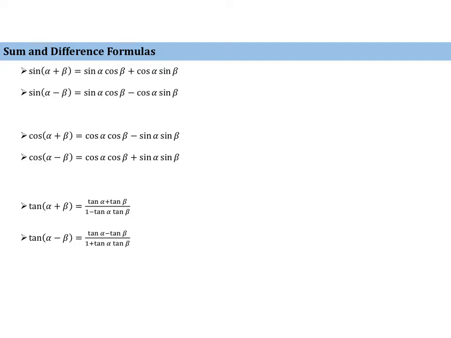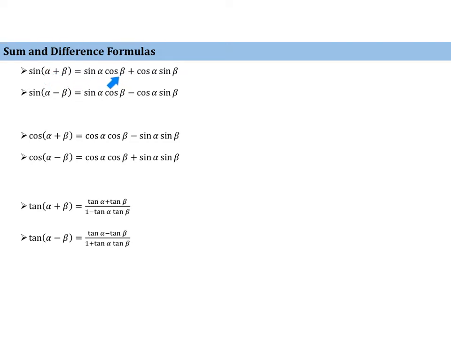Here we have 6 identities, but I'll try my best to collapse these down to 3 and give you some mnemonic devices. So in the first, we have our sum and difference formulas for sine. So what is a trick to helping us here? You may notice that if we want to find the sine of alpha plus beta, we have this pattern of sine, cosine, cosine, sine, and the sign is the same.